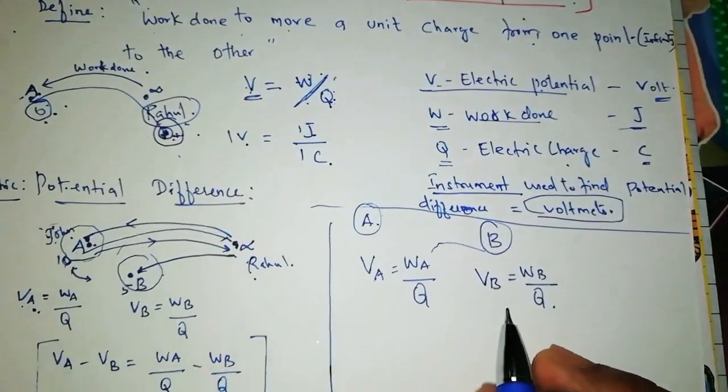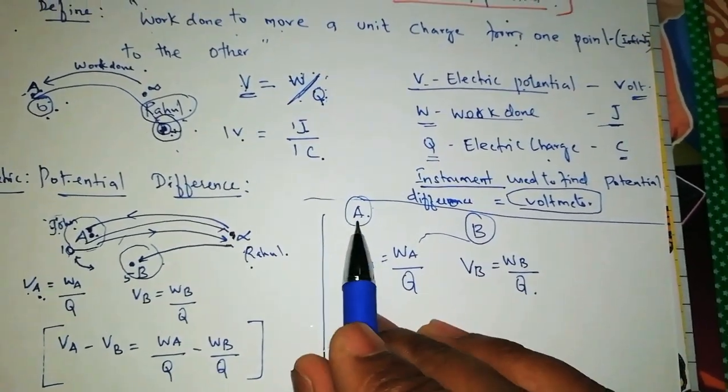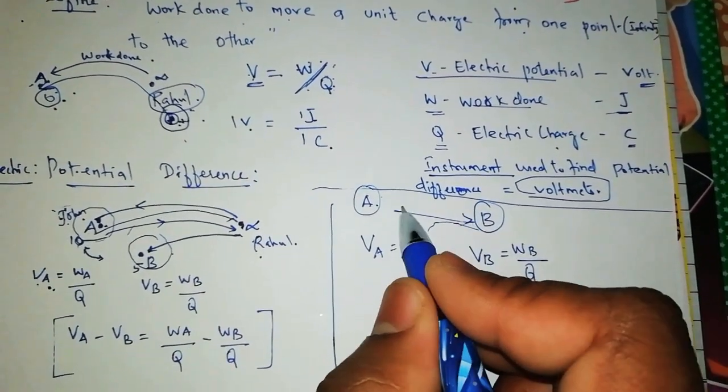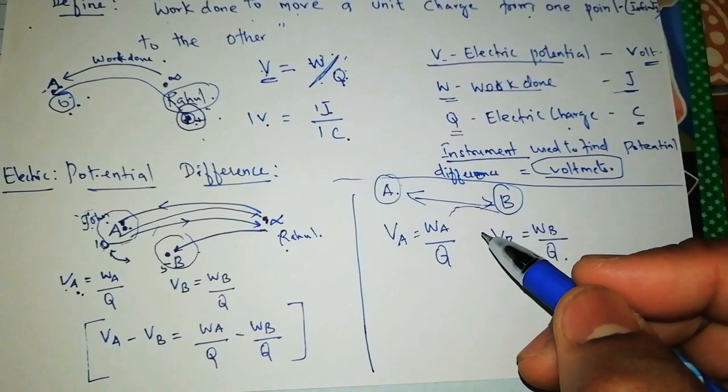First time, second time. So how can I find the potential difference between A and B?